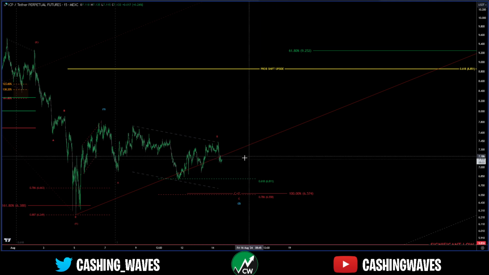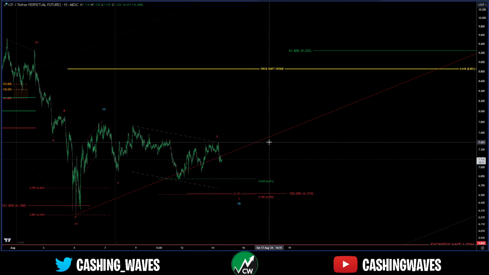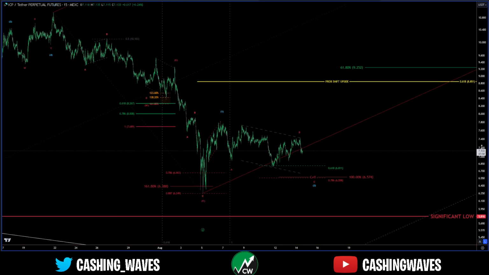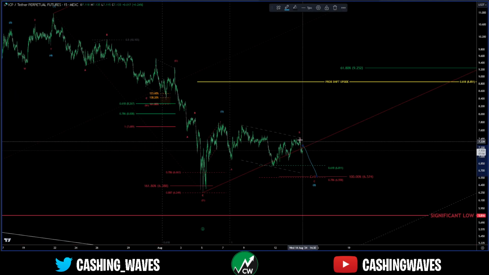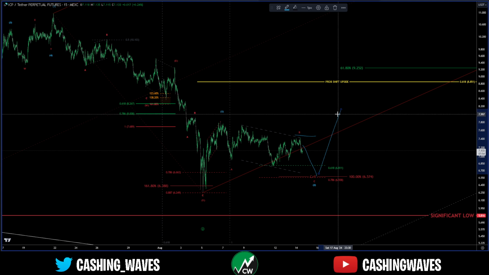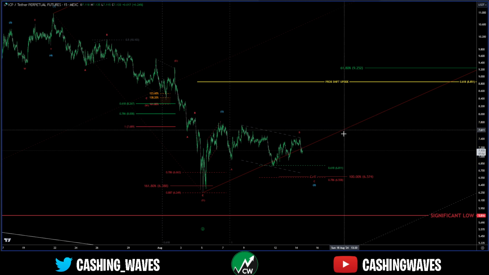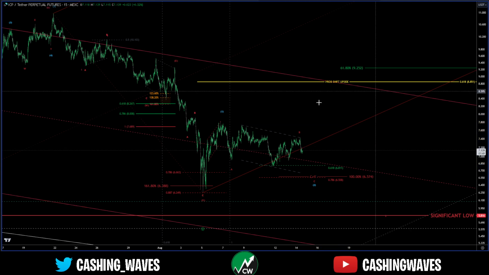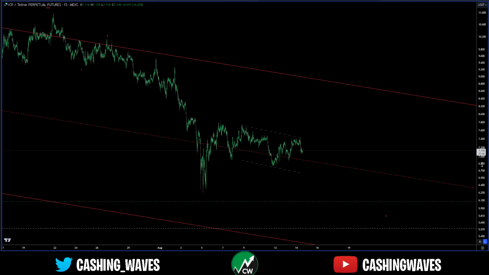Not enough to just take an entry, right? So that's what I'm looking for on the upside. I prefer this move, and I'll wait for the market to come back. Because the other scenario which I showed you is we're potentially within a fourth wave.